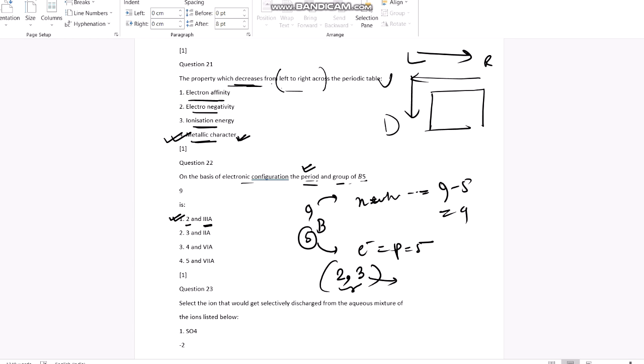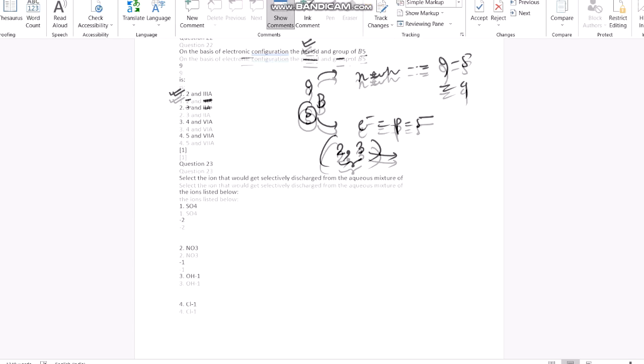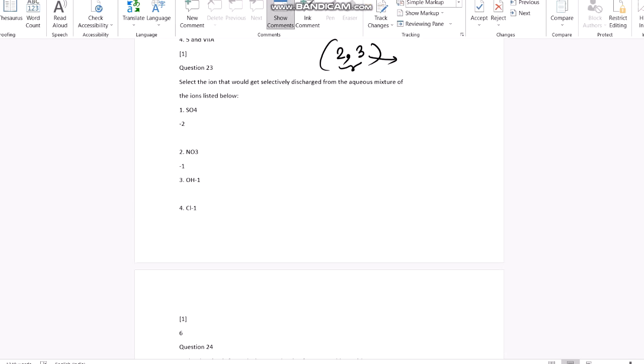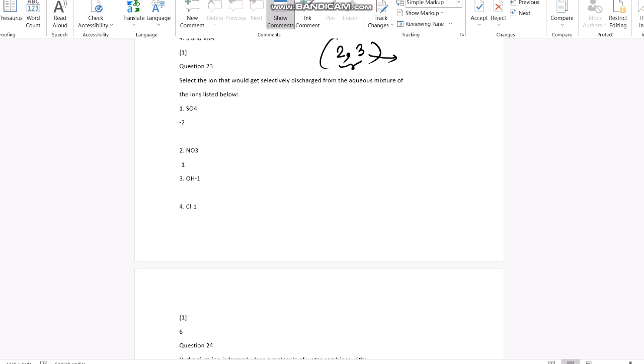Next, it is asked: select the ion that would get selectively discharged from an aqueous mixture of the ions listed below. The ions given are SO4 2 minus, NO3 minus, hydroxide minus, fluoride minus. We have to know, according to our anionic activity series, which one can be discharged.